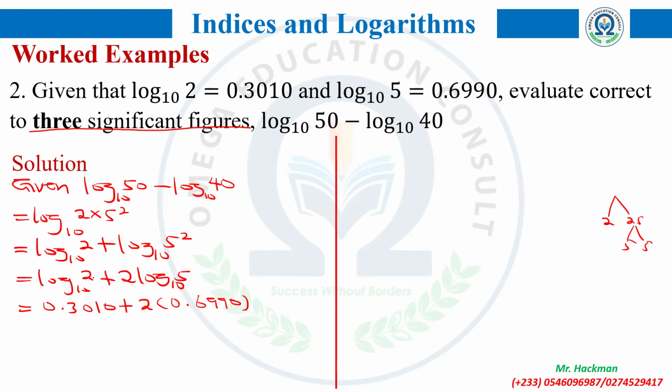So at this point, just straight away go and use your calculator. Make sure all your terms are there: 0.3010 plus, just multiply. So I'm going to do that here. Then you come and draw your conclusion. I'm waiting. 2 times this.